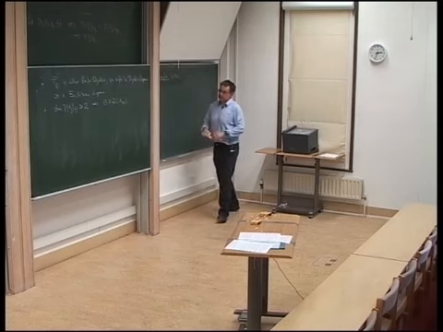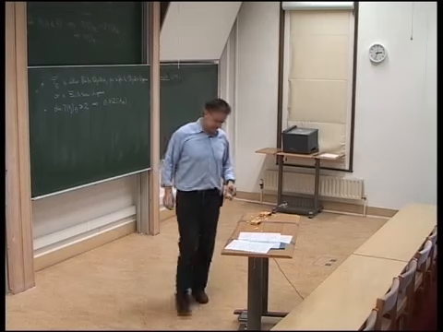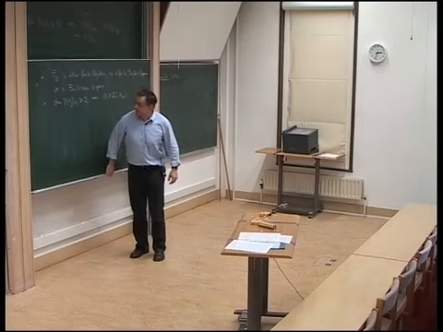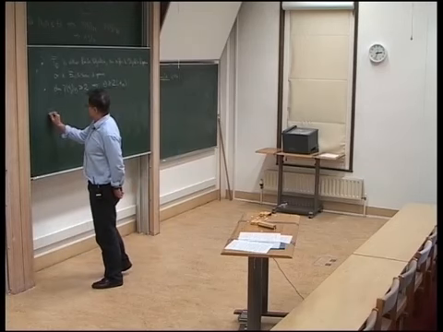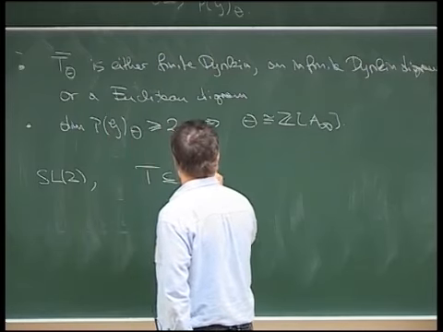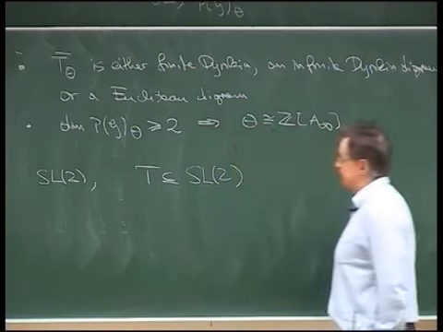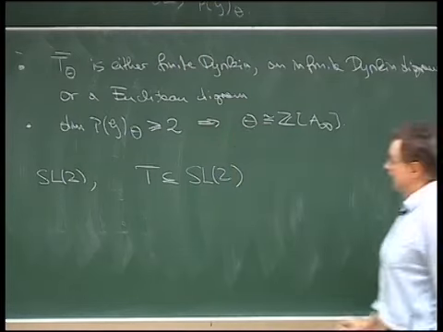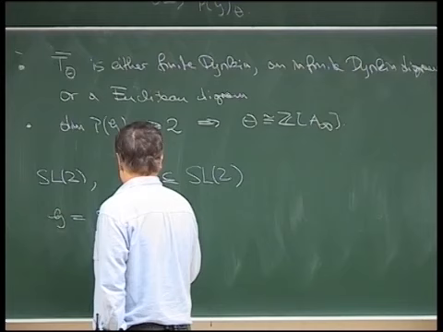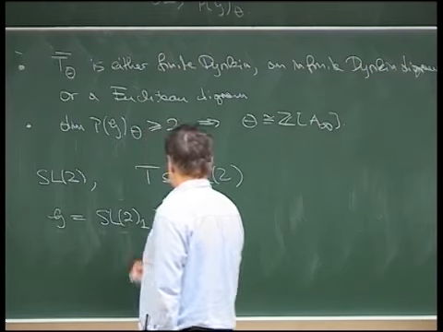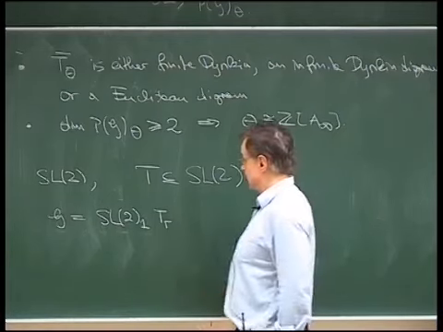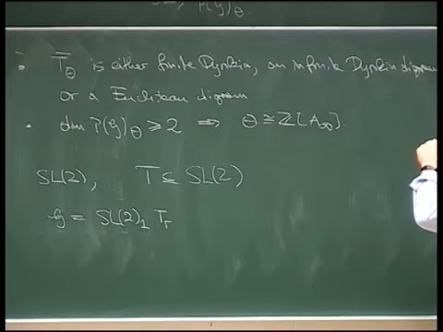This example may look somewhat contrived in terms of the choice of groups that I'm going to confront you with. Namely, what we're going to do is study the algebraic group SL2 and take inside SL2 the standard maximal torus of diagonal matrices, and our group G then will be a product of the first Frobenius kernel of SL2 with the rth Frobenius kernel, for any r, of this standard maximal torus.